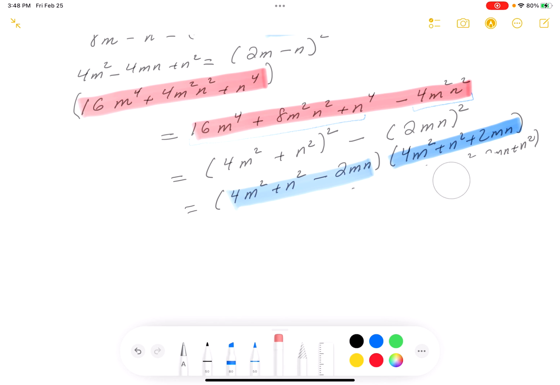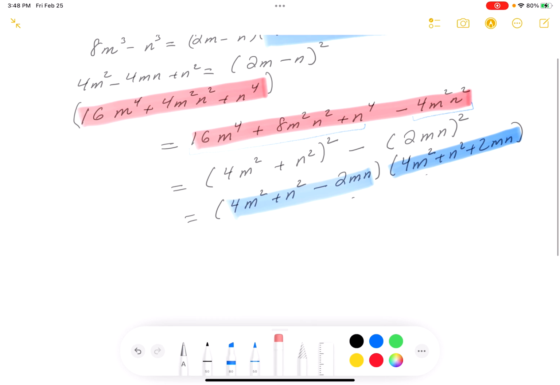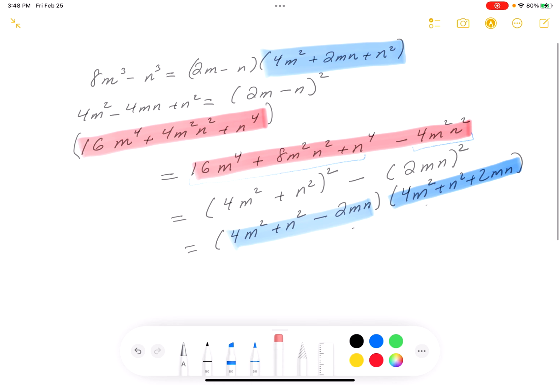And what I want to do now is talk about the LCM of those three guys. I'll pull this over here. So the LCM, and this is where I made an error in my key, is going to be 2m minus n squared.